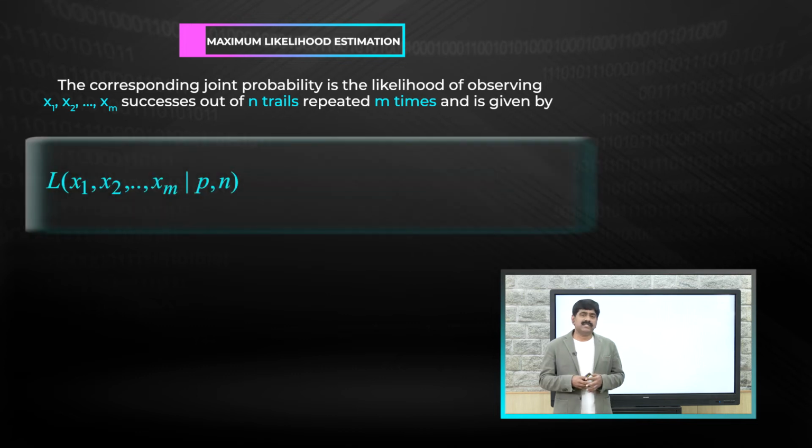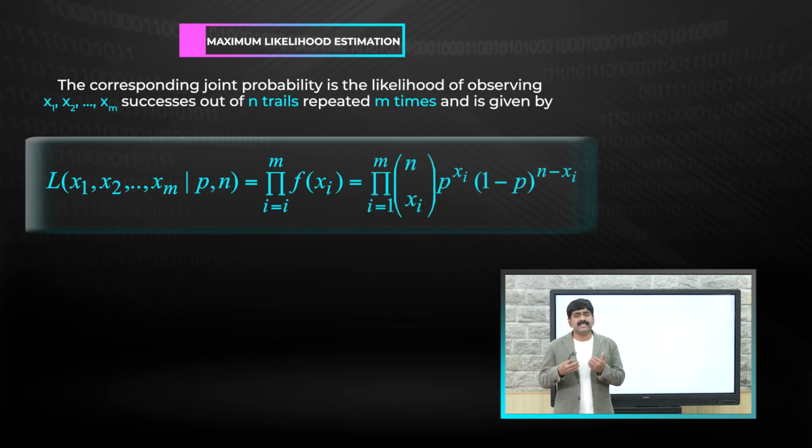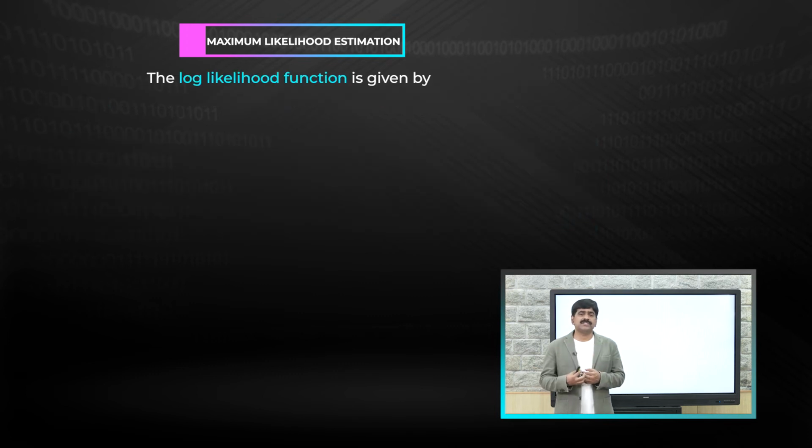The likelihood function L of x1, x2 up to xm given p comma n is nothing but the product of probability mass function of xi, where i is from 1 to m, which is the same as the product for i equal to 1 to m of nCxi p to the power xi times 1 minus p to the power n minus xi.